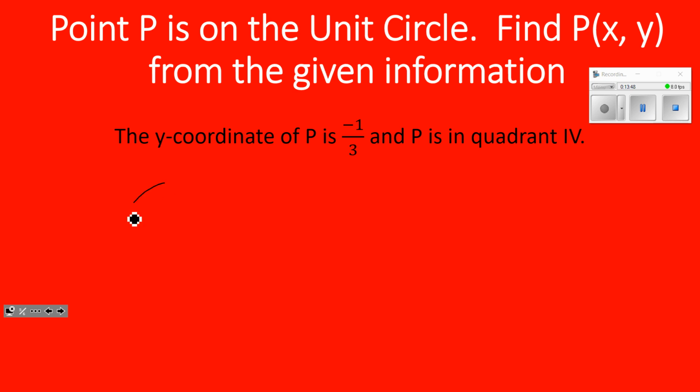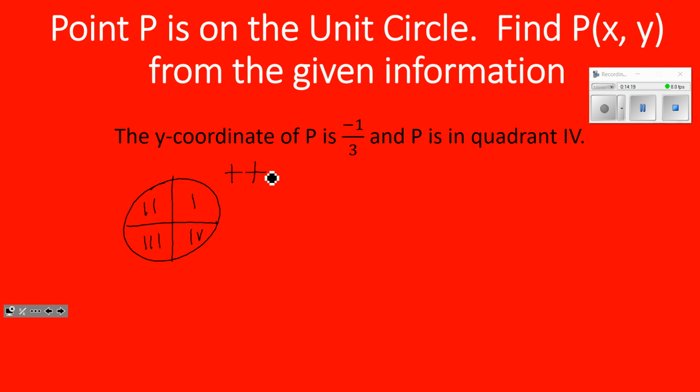So let's review, make sure we're good with our quadrants. This one is quadrant 1. This is, very good. I went backwards. This is 3. This is 2. And you need to keep track of the signs. When I'm plotting x and y, in quadrant 1, the x is positive and the y is positive, right?